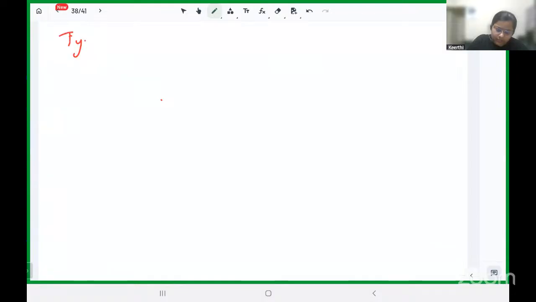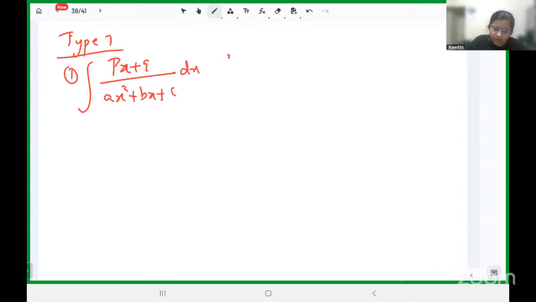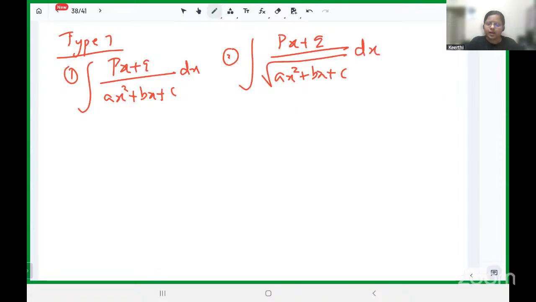Type 7: the first one is integral px plus q by ax square plus bx plus c dx, and the second one is integral px plus q divided by root of ax square plus bx plus c into dx. All right, so here also there is a procedure, that is we are making a substitution for the numerator part. The numerator is a first degree polynomial and the denominator is a second degree polynomial.